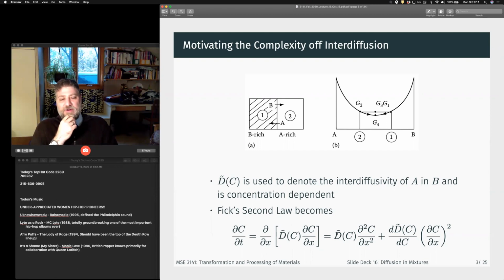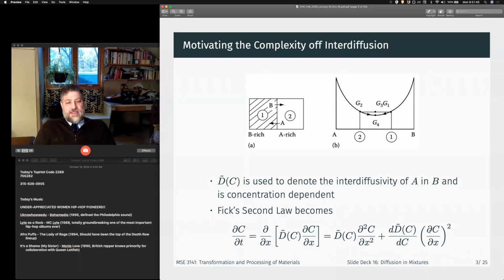So we have a first term that looks like the Fick's second law that we had before, but we also have this other term that has to be there to account for the change in diffusivity with change in position. And this is just essentially a chain rule. So first we have to do the multiplication rule for differentiation, and then we have the chain rule in there to get this in the final form.